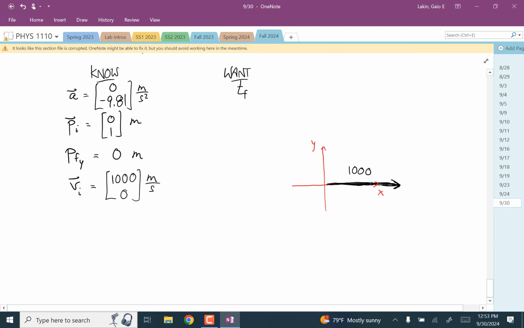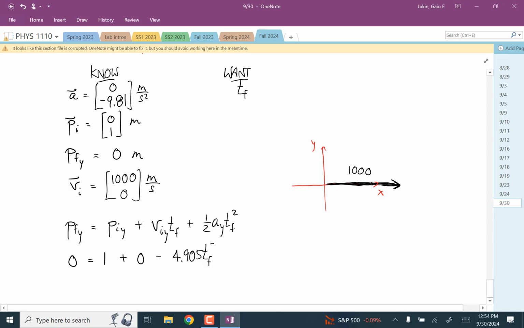And the equation we can use to solve for time final is this one. PFY is equal to PIY plus VIY TF plus 1/2 AY TF squared. And this says 0 is equal to 1 plus 0 minus 4.905 TF squared.